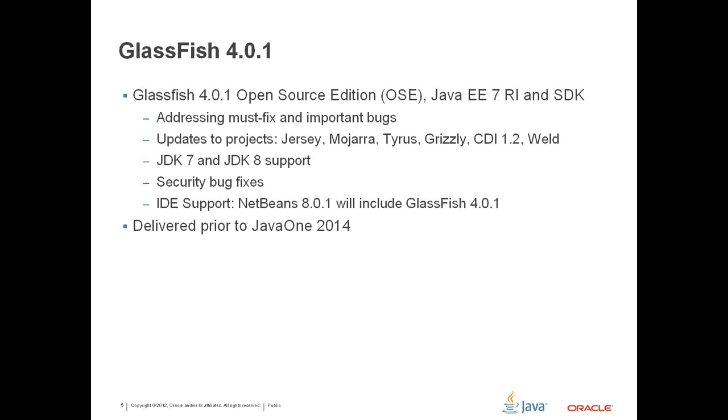So as part of releasing 4.0.1, we're also pulling in updated versions of all of these projects, all of which have bug fixes and feature enhancements, particularly CDI 1.2 might interest the community, and the latest version of Weld. Right?